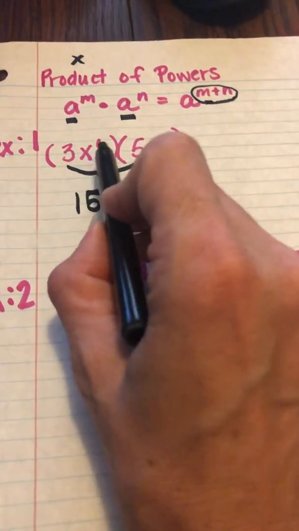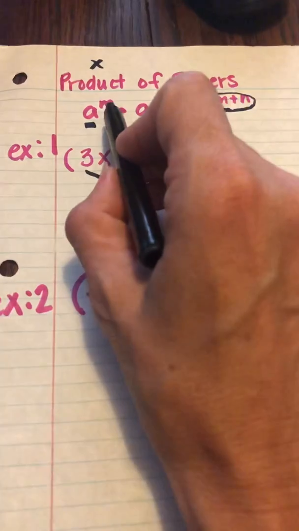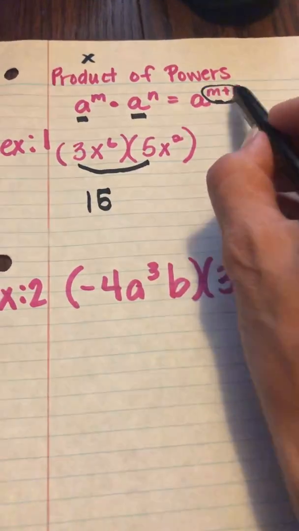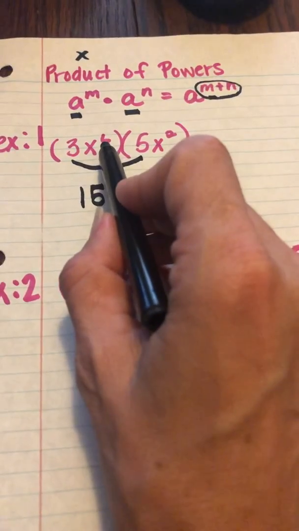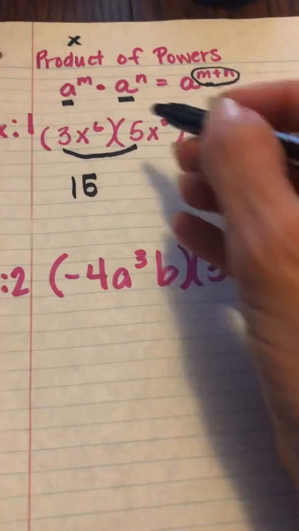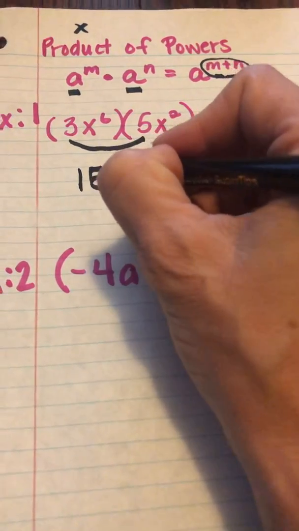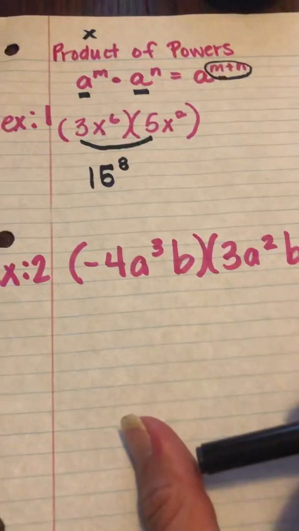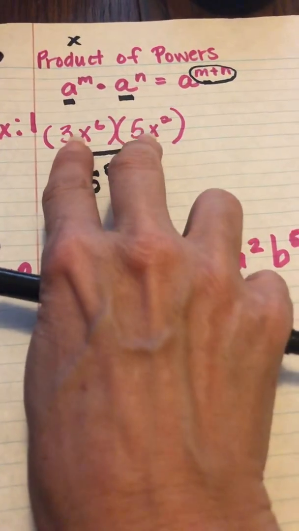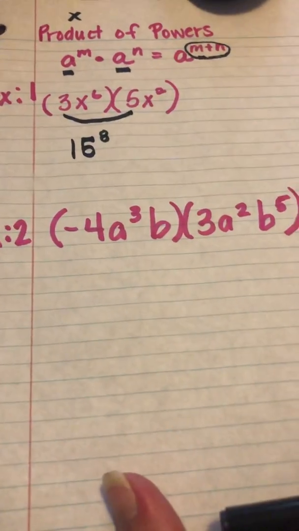And instead of multiplying the powers together, the rule of product of powers is you take your powers and you add them. So when we look at the power of 6 and the power of 2, all we do is add them together, and 6 plus 2 is 8. The only thing really being multiplied together is your bases, and then the powers are being added together.